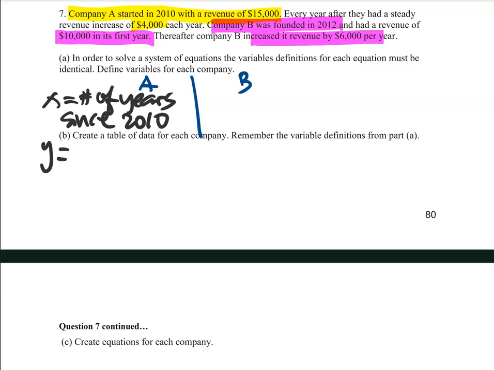And y is the revenue in thousands of dollars.